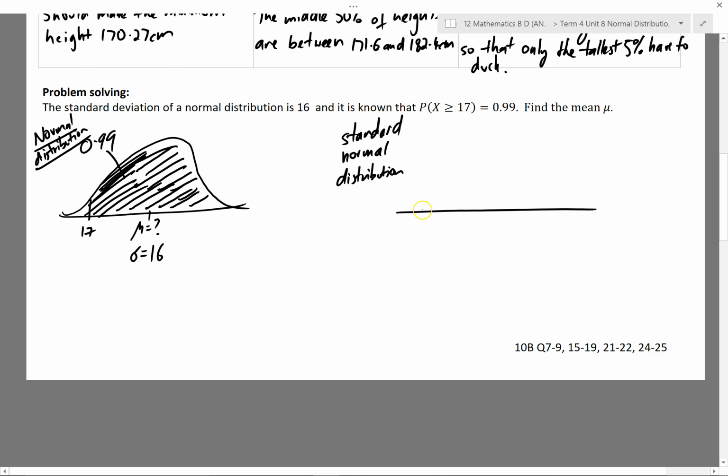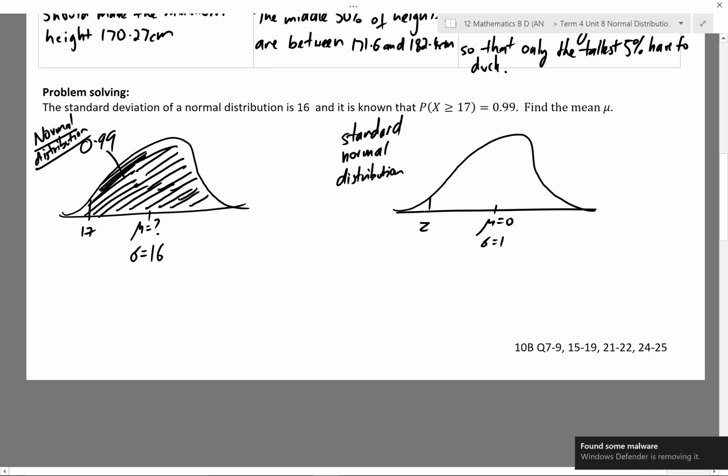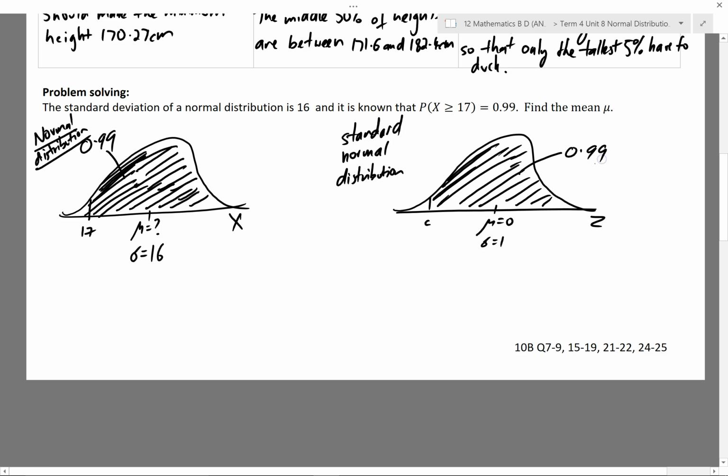So what I'm going to need to do is, using my standard normal distribution with mean of 0 and standard deviation of 1, find the z value. Correction, these are x values. Find the z value, say c, such that this area is 0.99. So I'm trying to solve for the probability that z is greater than c as 0.99.